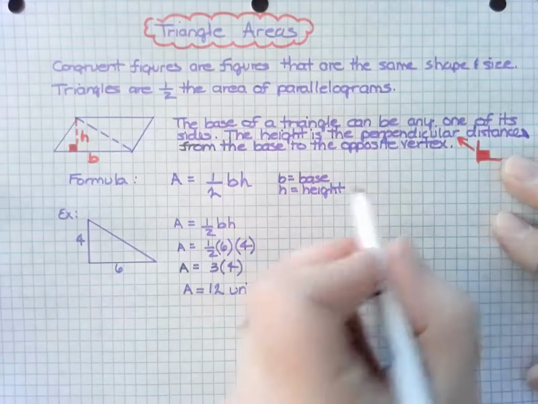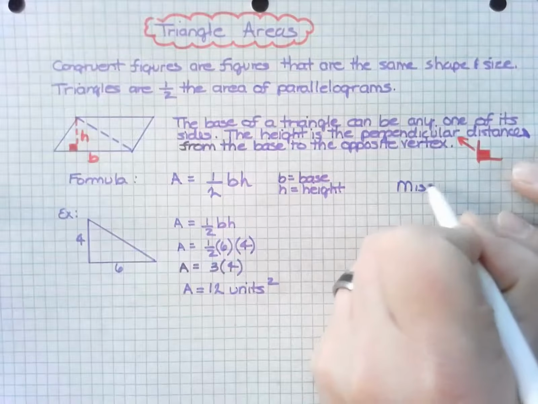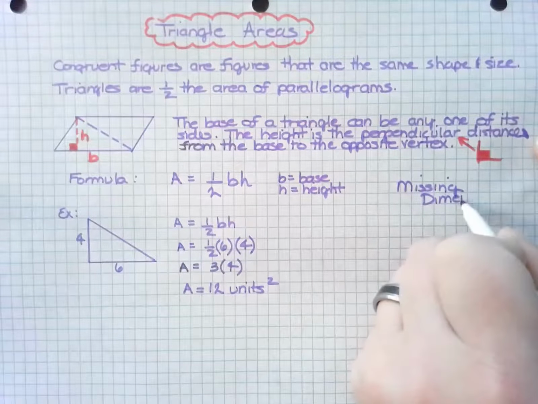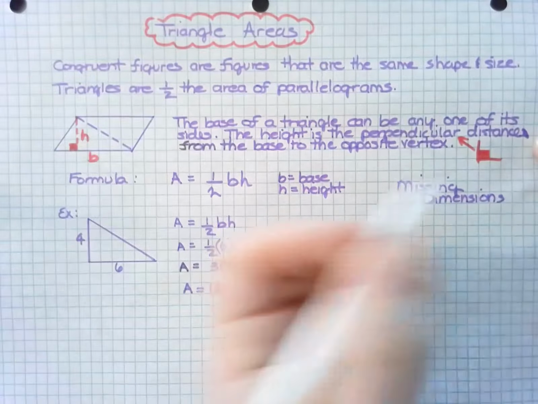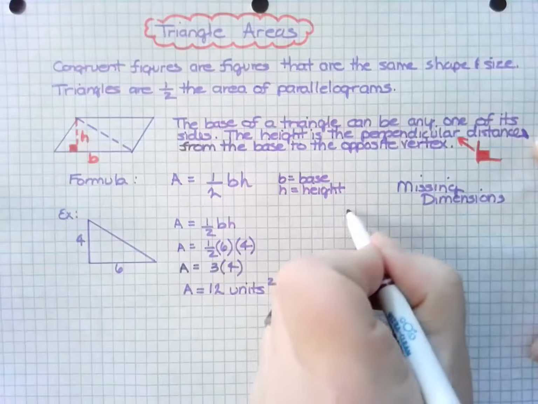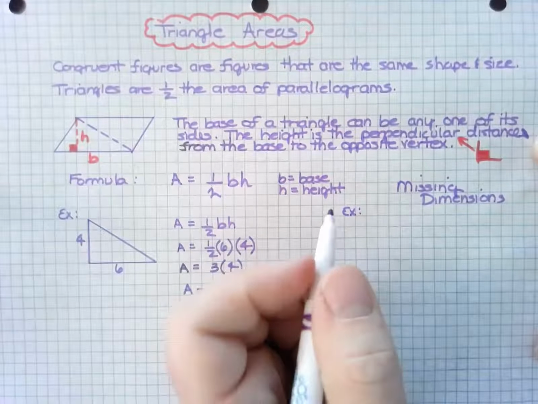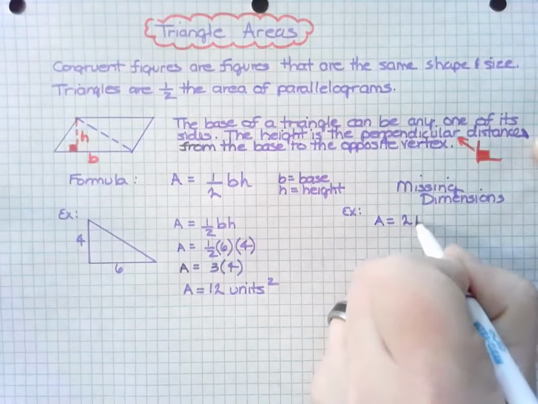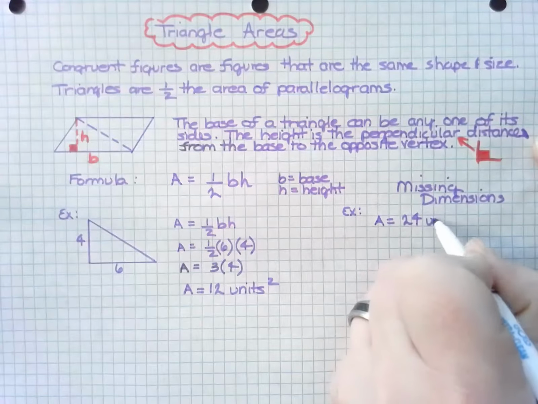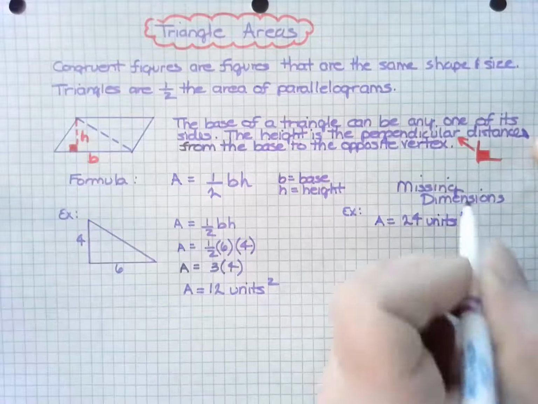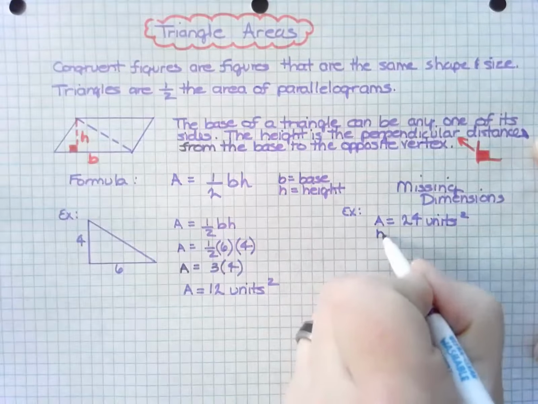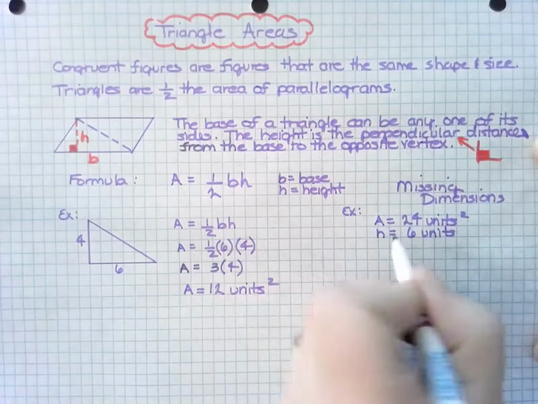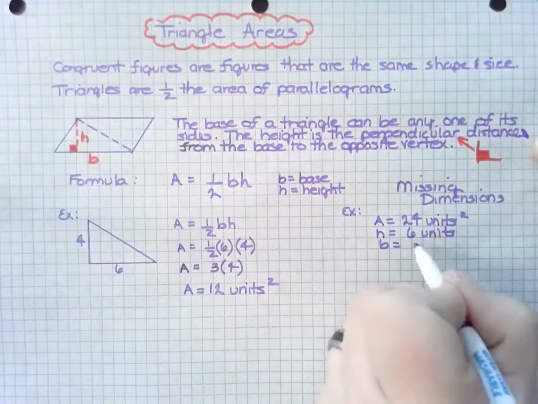Sometimes we need to address missing dimensions. For example, say we are given that the area of a particular triangle is 24 units squared, and the height is 6 units. And we are asked to find the base.